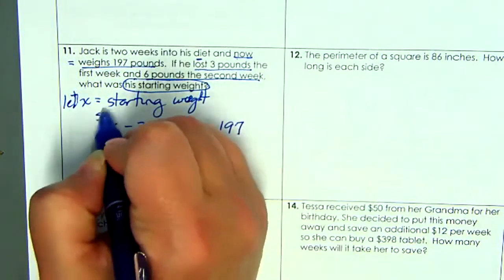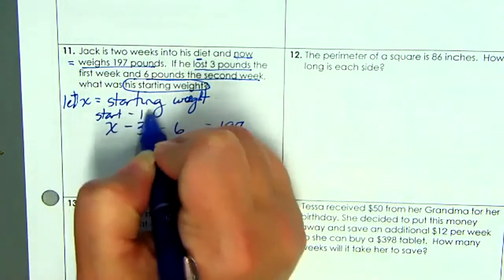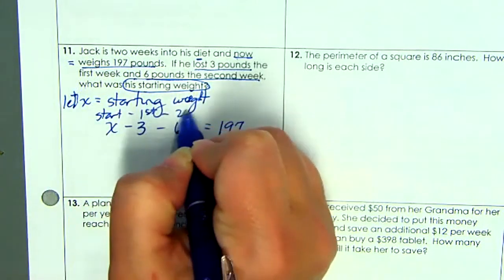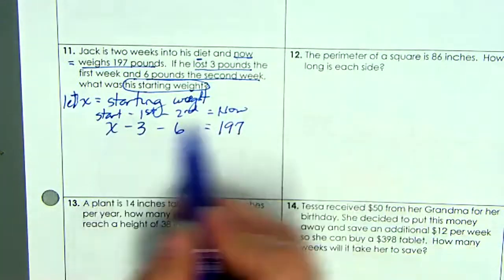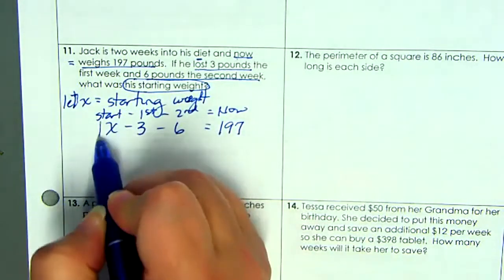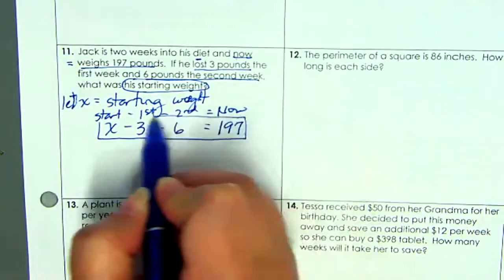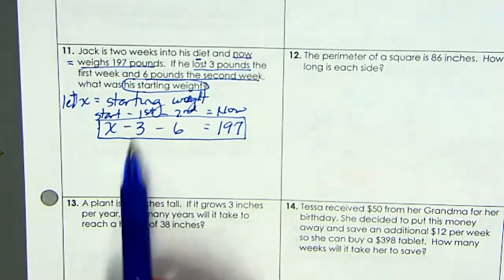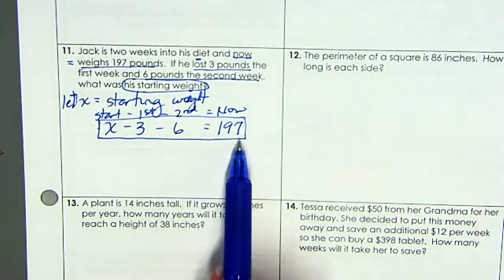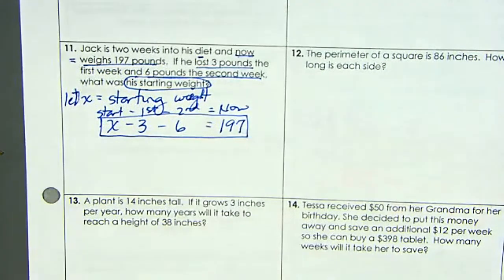So we have the start minus the first minus the second equals the now. There's your game plan. Here's your equation. And notice the equation is not the calculations to get to the answer. It is the equation that represents the problem. It's a big difference. If you don't have the equation correct, you've got points taken off. All right, next.